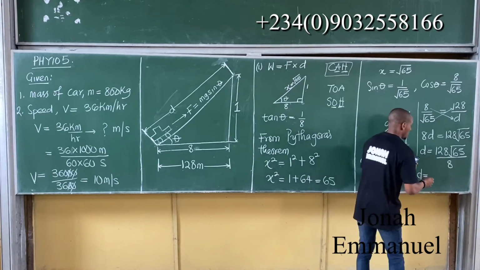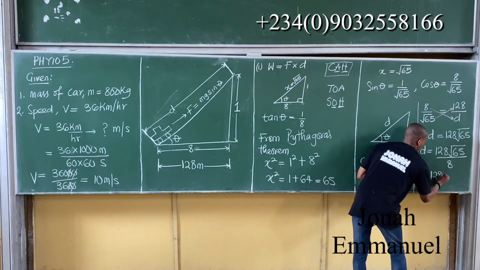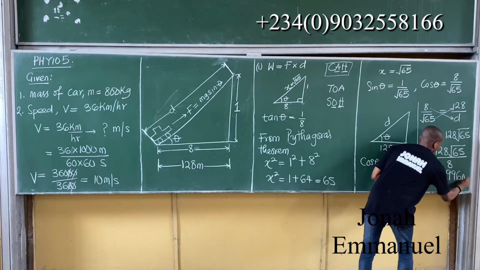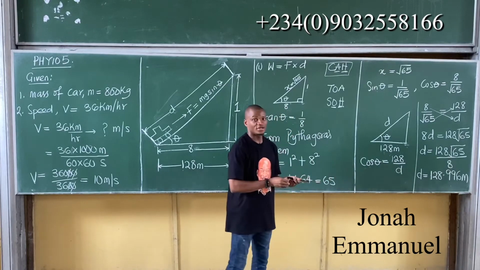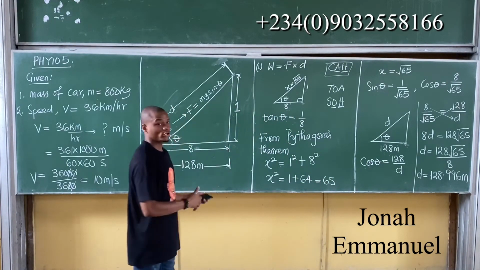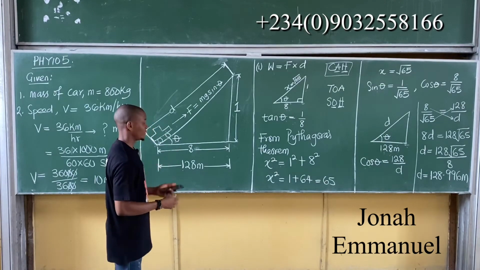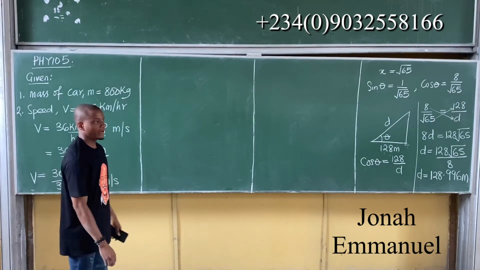In 3 decimal places, D is equal to 128.996 meters. This is the value of D in 3 decimal places. Alright, so if I have this now, I can now get the work done and the power by the car. So let's now get the question finally done.